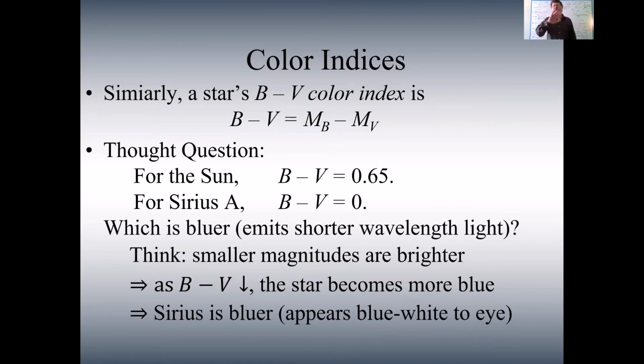But you do still have a fair amount of intensity throughout all the colors of the rainbow, which mixes together to give you white light, but maybe a little bluish tint to it to the eye, like stars that have temperatures of around 10,000 Kelvin, such as Sirius.